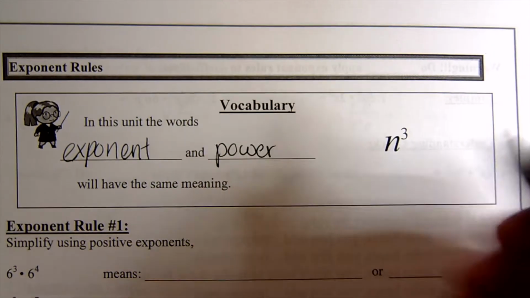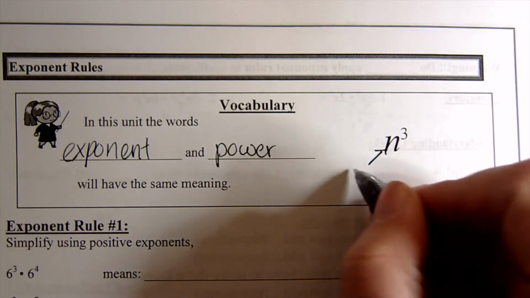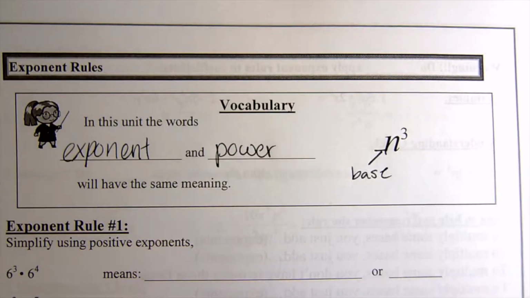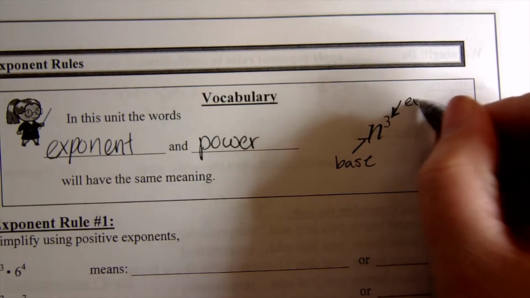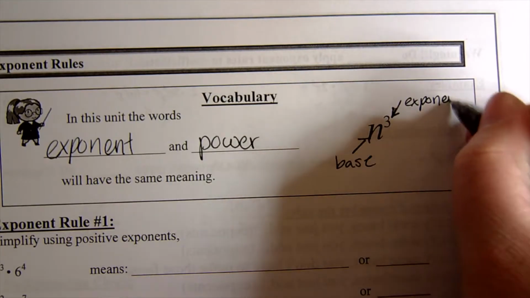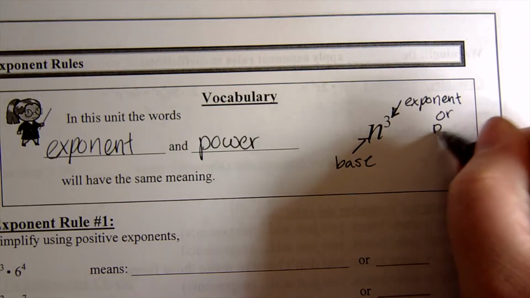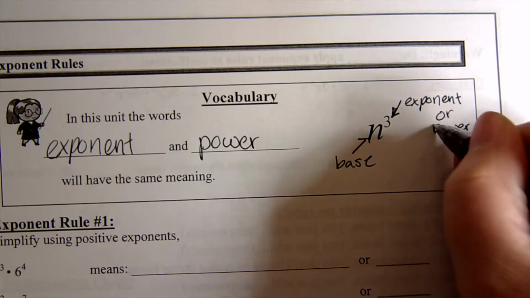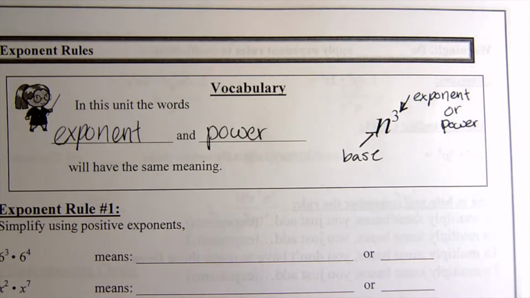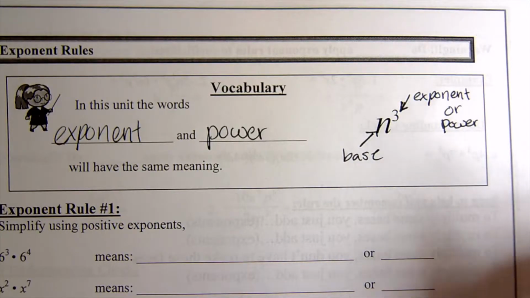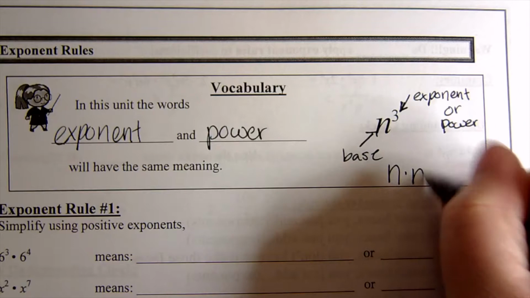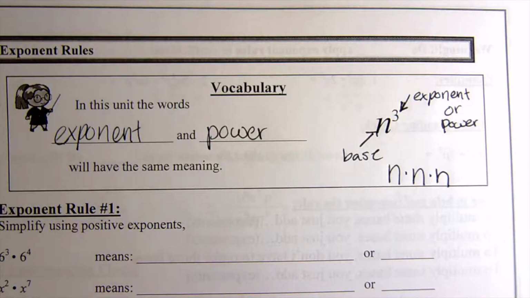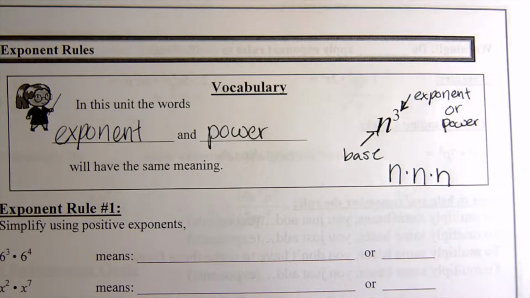So n to the third power, n would be considered the base. 3 is the exponent or the power. And we can rewrite n to the third power how? How do we expand that? n times n times n. So that's how we would expand it.